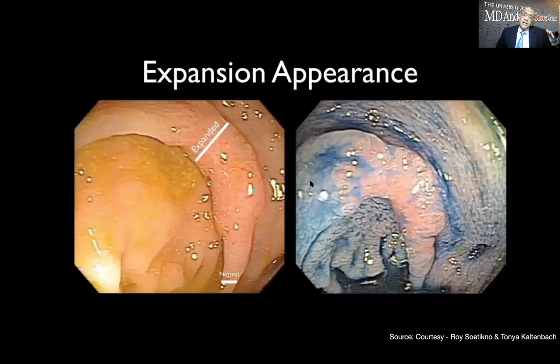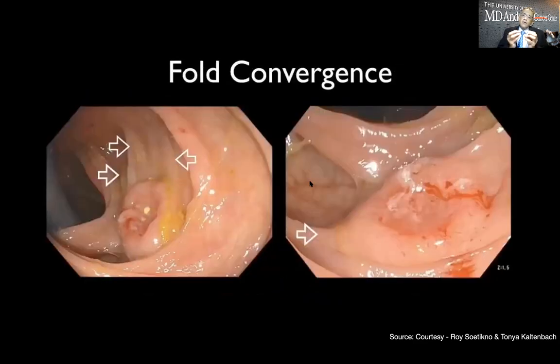If there is an expansion of the fold, as you can see here, you should consider that there is cancer with submucosal invasion and expansion of the fold. Something to keep in mind. When there is submucosal involvement by cancer with a desmoplastic reaction, it could actually draw the folds together and lead to fold convergence.